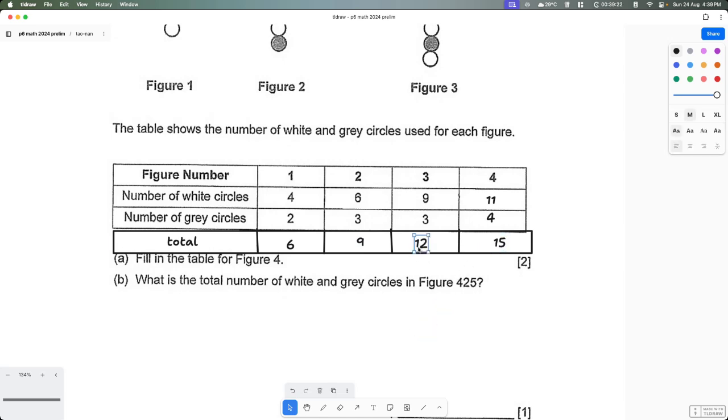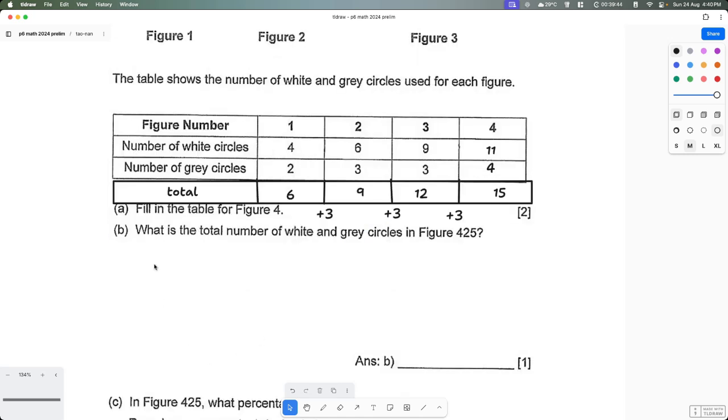So you can see that from 6 to 9 is plus 3, and it's the same with everything else, plus 3 and then plus 3. So essentially it starts with 6 and then plus 3 plus 3.